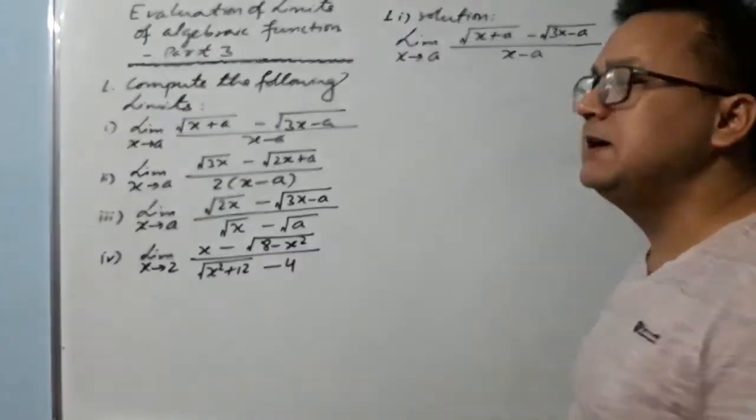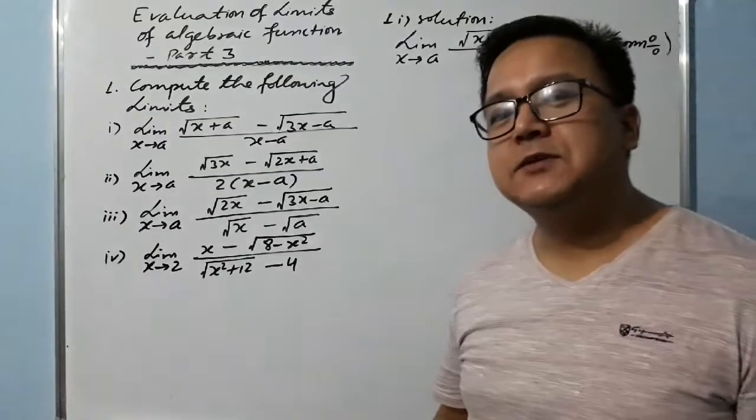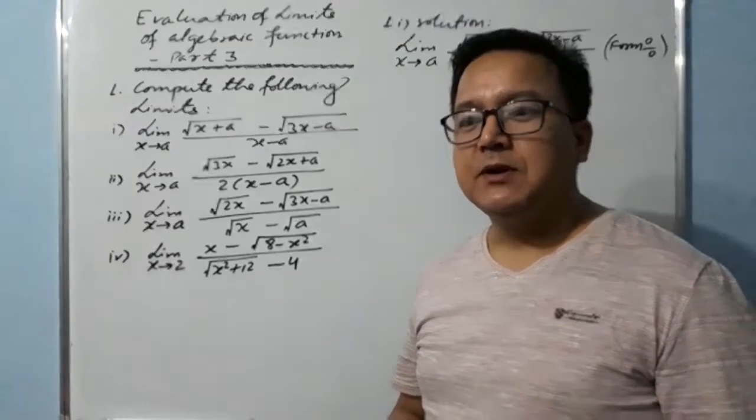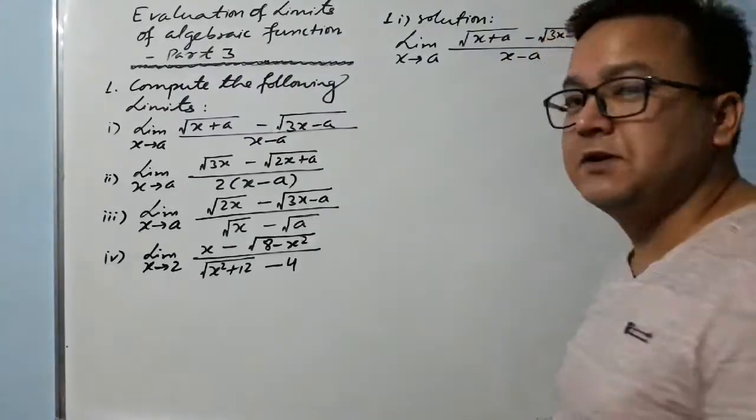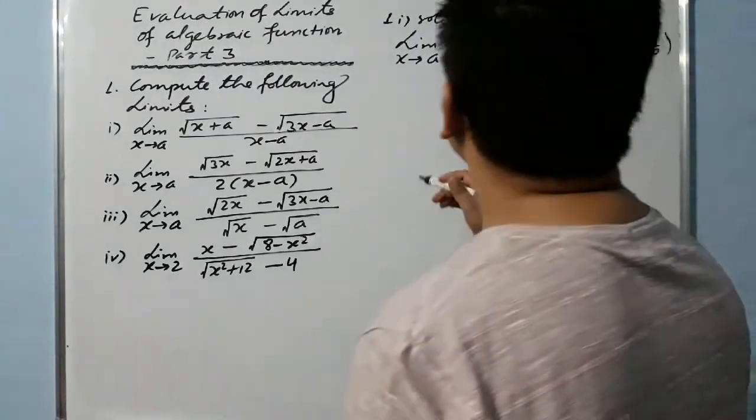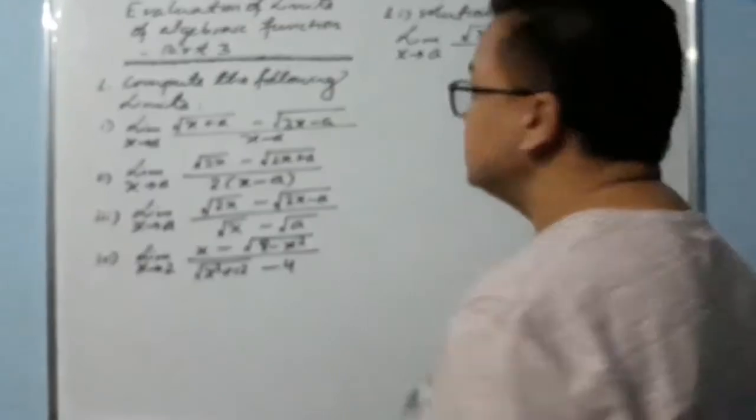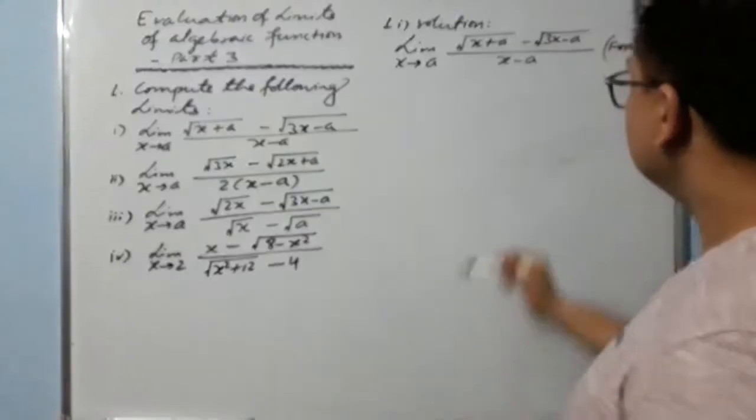Whenever we get a radical sign, we use rationalization. Here in the numerator, we will try to rationalize the numerator. This means we have to multiply up and down by the conjugate of the numerator. What is the conjugate of this?